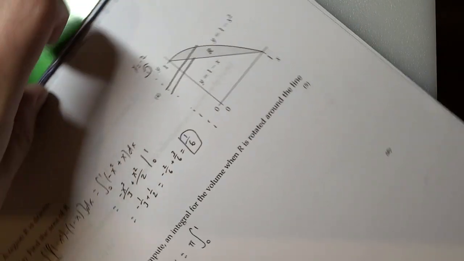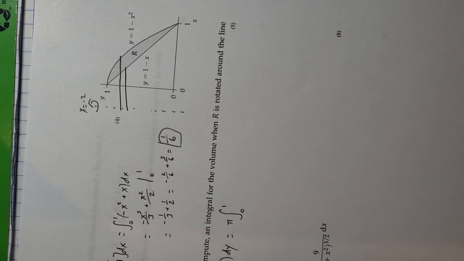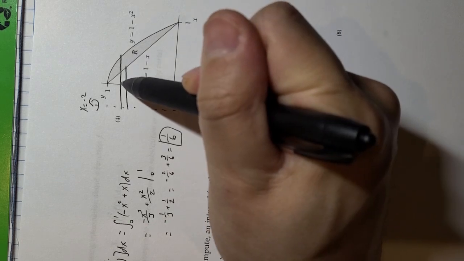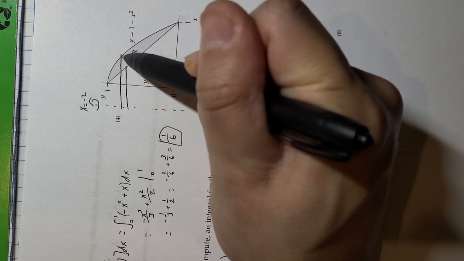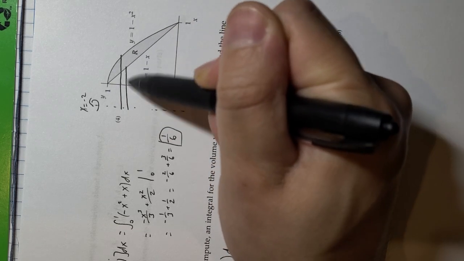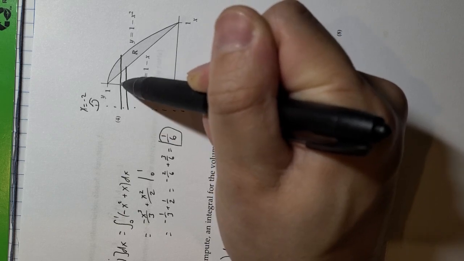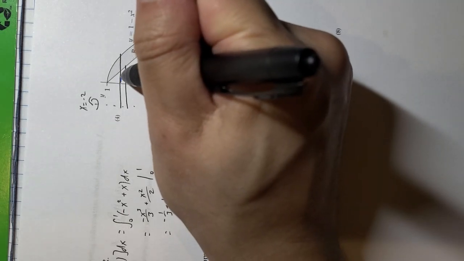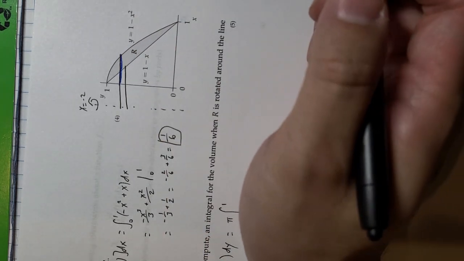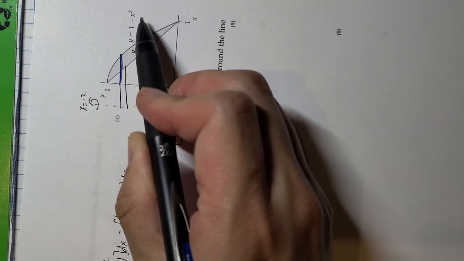What's r out? Let me explain it once again. First of all, r out is the longer one, r in is the shorter one. What's the length of r out? From here to here, what I just drew in blue, that length is 1 minus x squared.